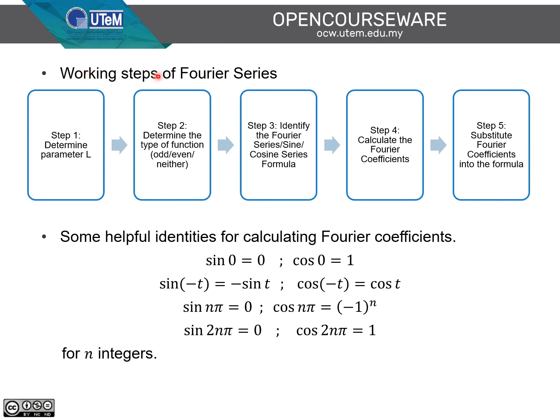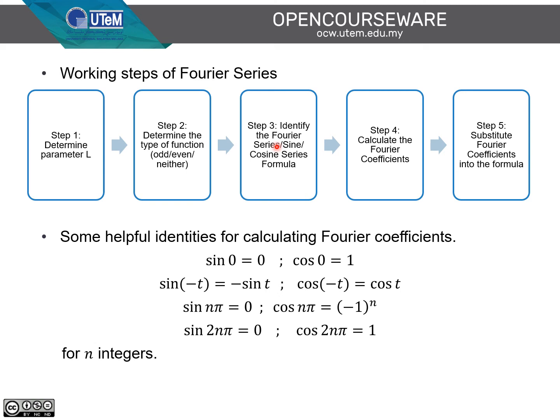Here are the working steps to determine the Fourier series of a periodic function. Step 1. Determine the parameter L from the given periodic function. Step 2. Determine whether the function is an odd function, an even function, or neither. Step 3. Identify which Fourier series formula we are going to use. If the function is neither, then we use the Fourier series.